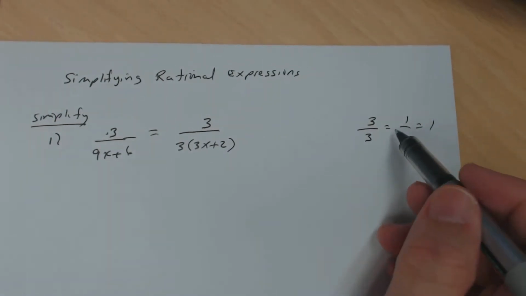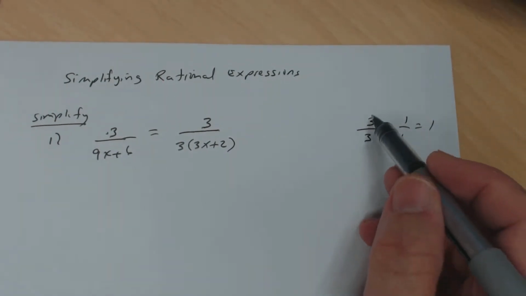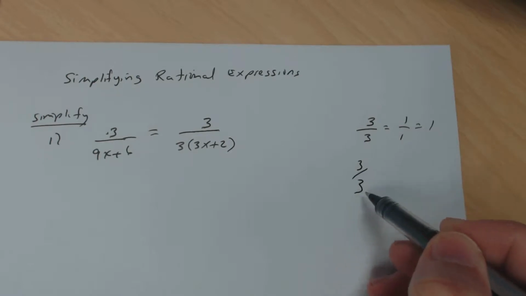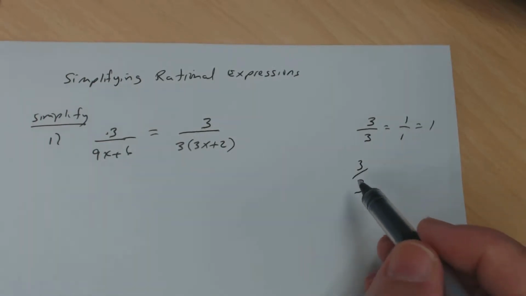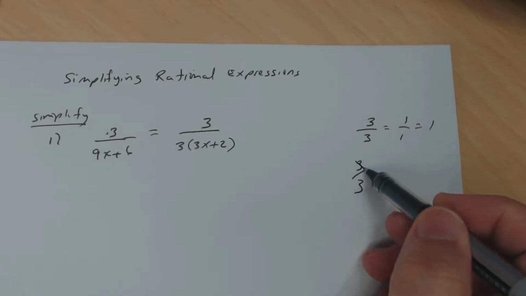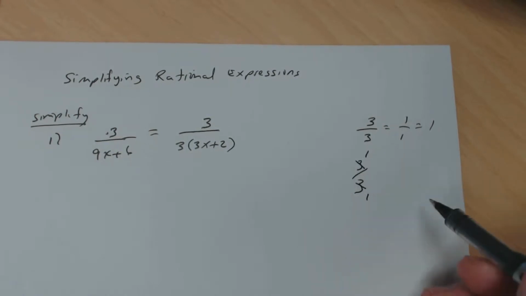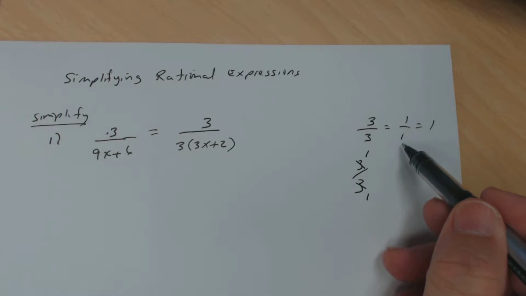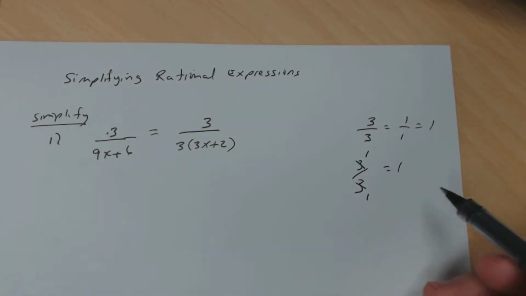What you did 2 semesters ago was that you said, well, they're both divisible by 3, so 3 divided by 3 is 1, 3 divided by 3 is 1, and so that's where we get this 1 over 1. But 1 divided by 1 is just 1.